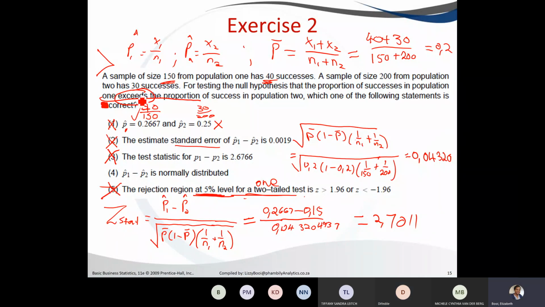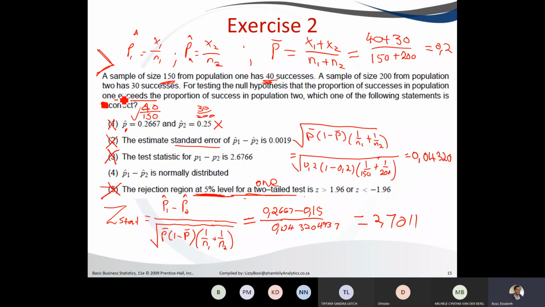If we read the question, it says it exceeds. For the fact that it says it exceeds the proportion, it means we're doing a one-tail test, which is the greater than.